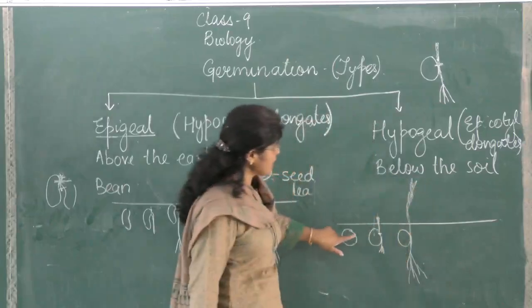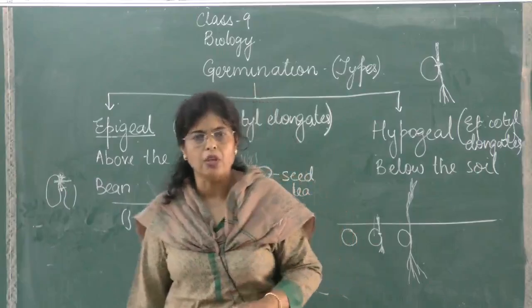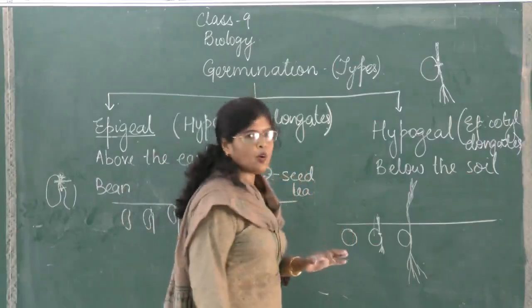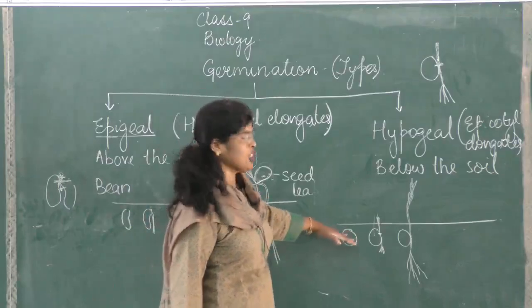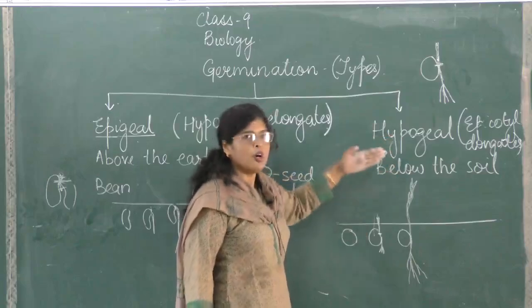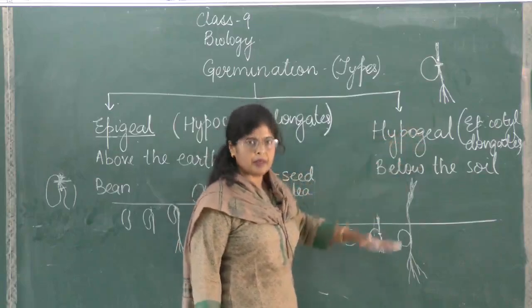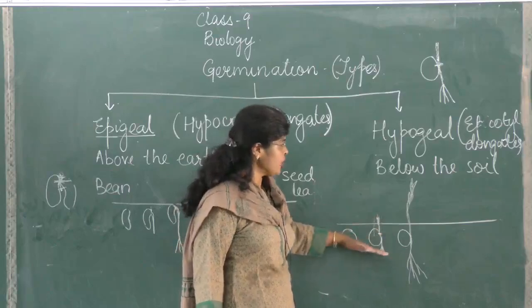So where are the cotyledons present? They are present below the ground. So that is why, what do we call this kind of germination? We call this kind of germination hypogeal germination. Hypo, below, geal, earth, ground, soil. Is it all right? The germination.